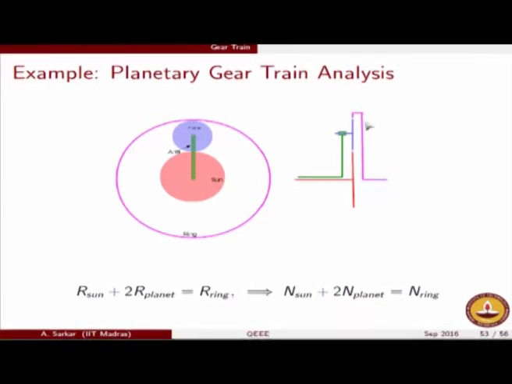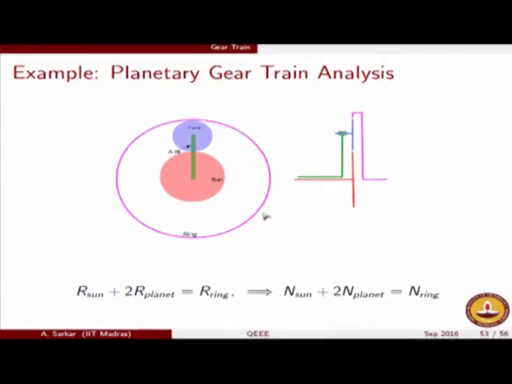And finally you have a ring gear which meshes with the planet. So please get accustomed to this Levi schematic drawing. This is again used prevalently in industrial practice. We rarely use these full blown drawings of this sort as is shown on the right. The Levi schematic drawing will be generally used to represent a gear train arrangement.